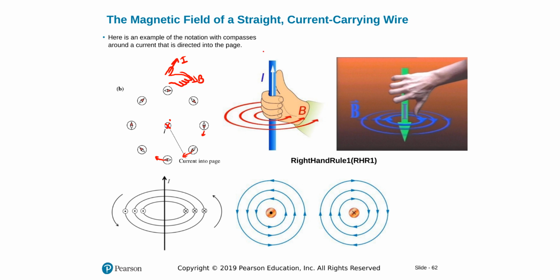Here is again how we use it. Upward current looks like that. The magnetic field is out in here, on this side. Downward current is different. Let me try that to see.